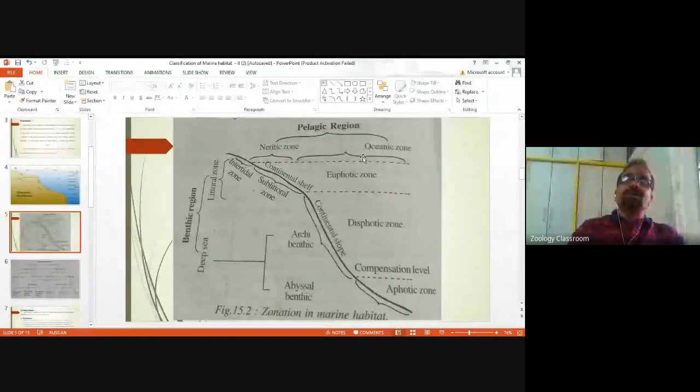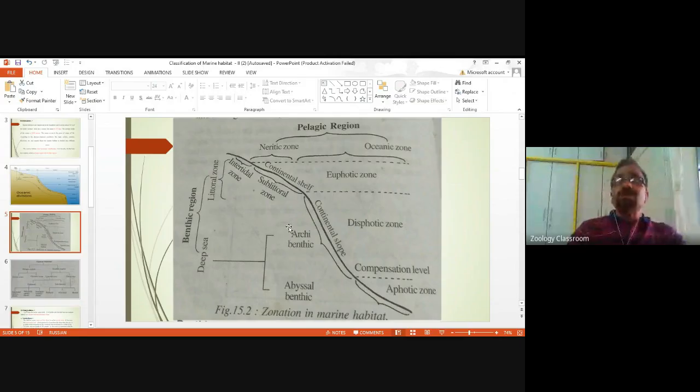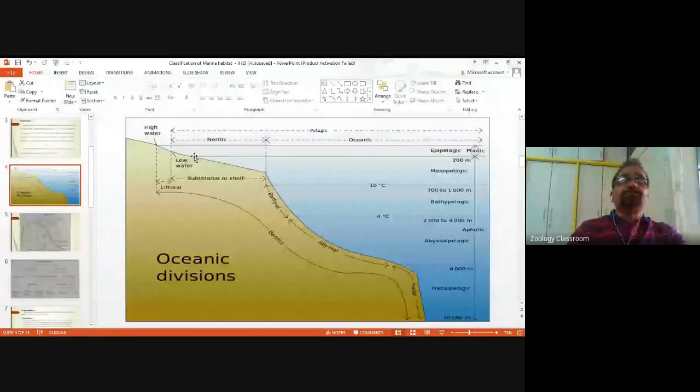Either of the diagrams works, but this one will be more fruitful, because it also explains the continental shape, the form of the continent underwater, whether it is in the form of a shelf or a slope. This is the continental shelf, and this is the continental slope.